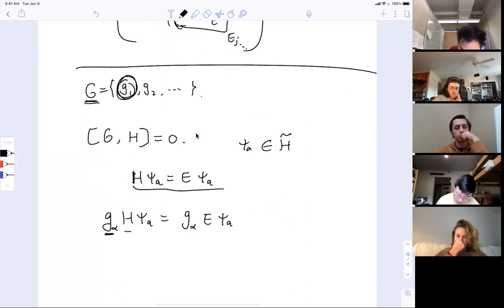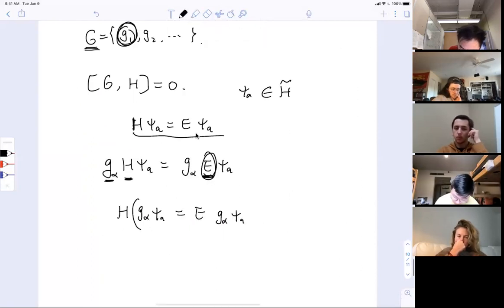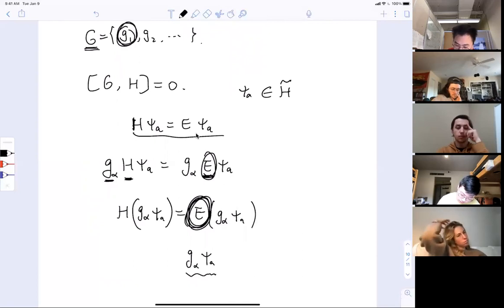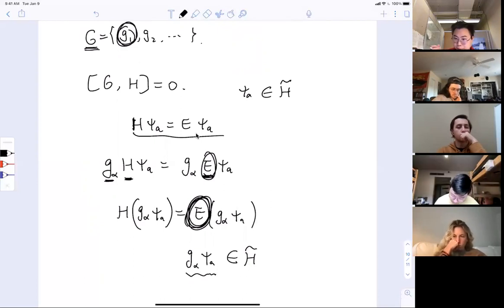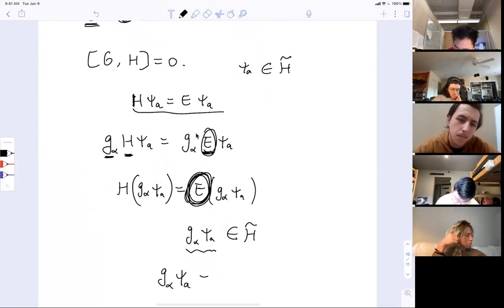Because group elements commute with my Hamiltonian, and E is just a number, we get another state which also has energy E. So far we have no idea what this state is, but we know it is in this subspace because it has energy E. Generally speaking, we can write this state as a linear superposition of my basis.